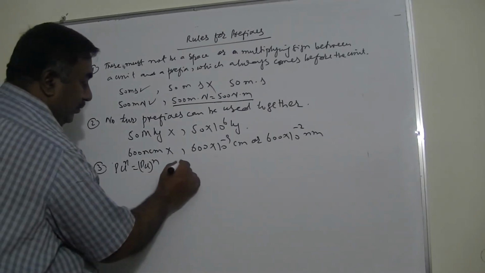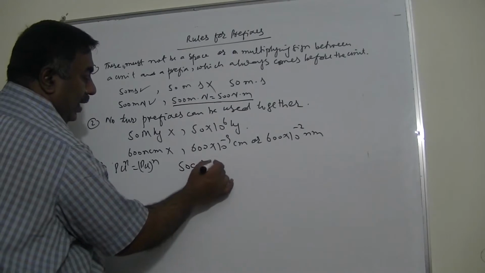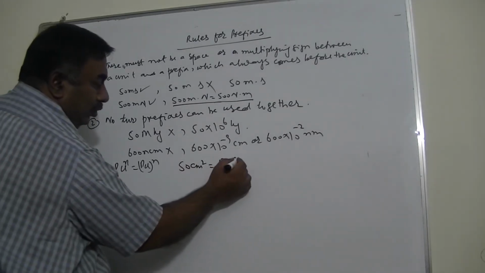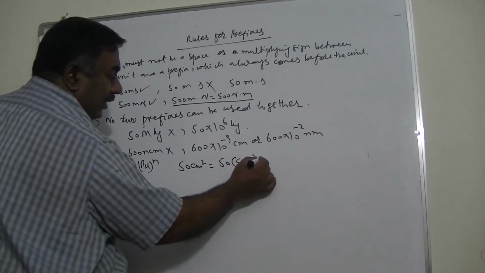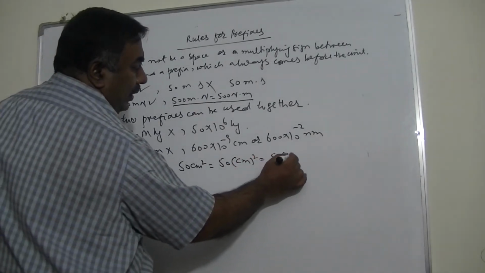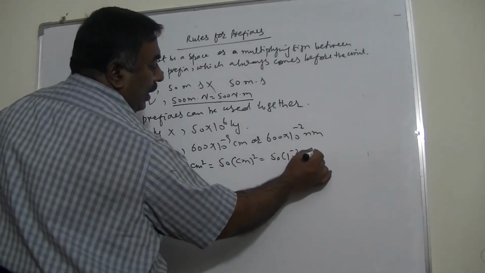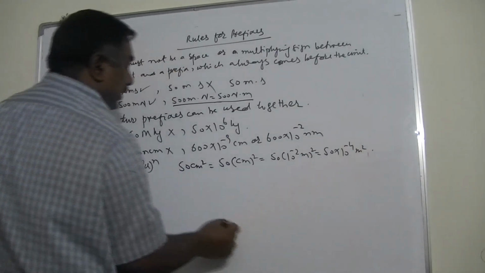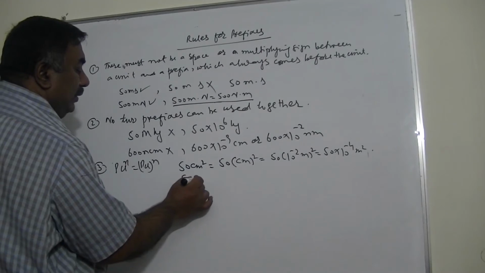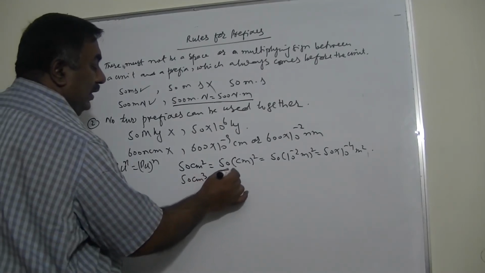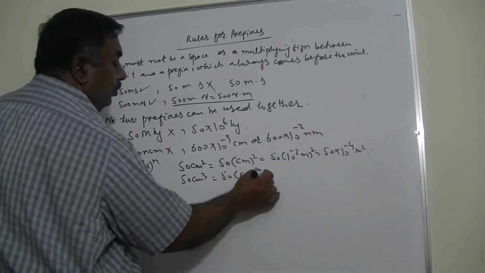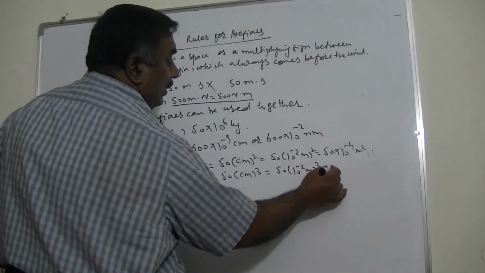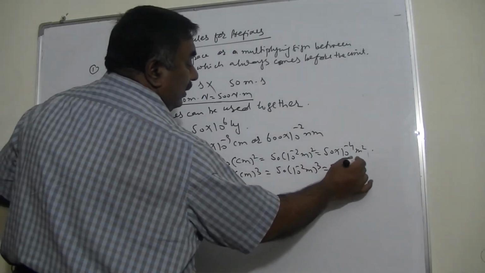For example, suppose 50 centimeter square. Now square is on meter, but it should also be on centi. So 50 centimeter whole square is 50 into 10 power minus 2 meter whole square, or is 50 into 10 power minus 4 meter square. Or suppose it was 50 centimeter cube, it's 50 into 10 power minus 2 meter whole cube, or is 50 into 10 power minus 6 meter cube.